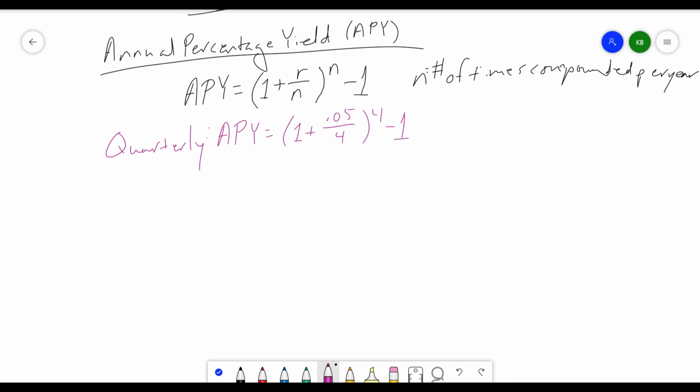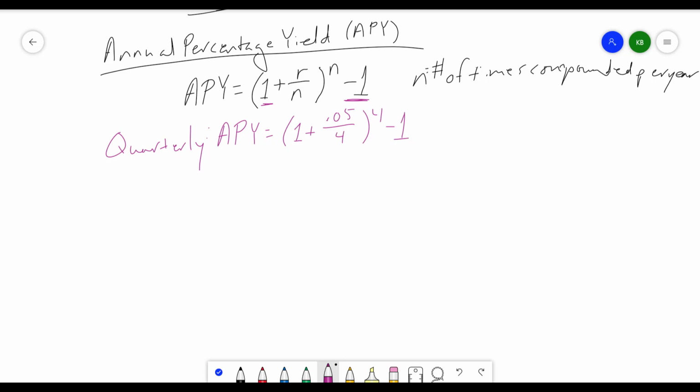Now notice the 1 in here is the initial principal that's earning interest along the way. And then we subtract out our starting principal with the subtracting 1. But that initial principal being added in there, we need to do that because it's going to impact what our APY is when we're compounding multiple times a year.